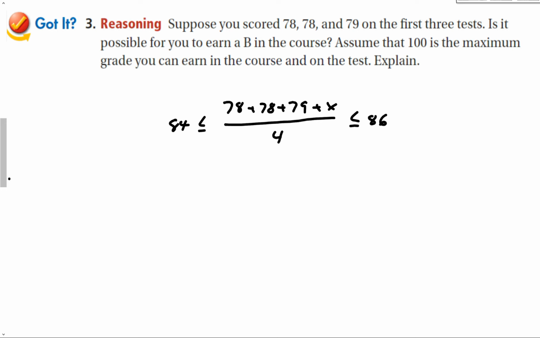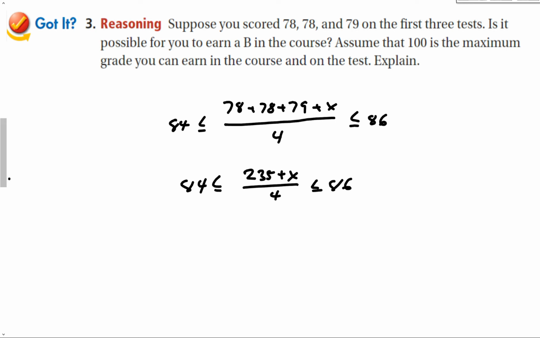But let's try. So 78 plus 78 plus 79 is going to be 235. Whoops. 235 plus x over 4 is going to be less than or equal to 86, and 84 on the left. Multiply everything by 4.